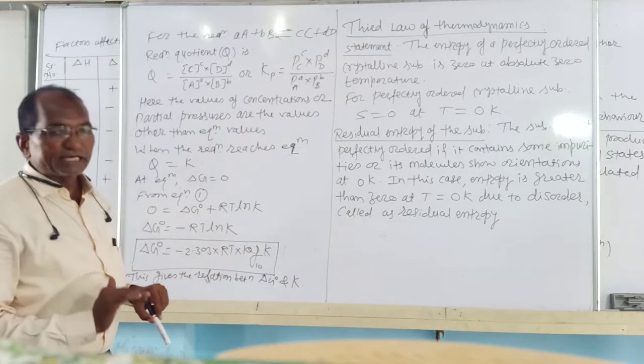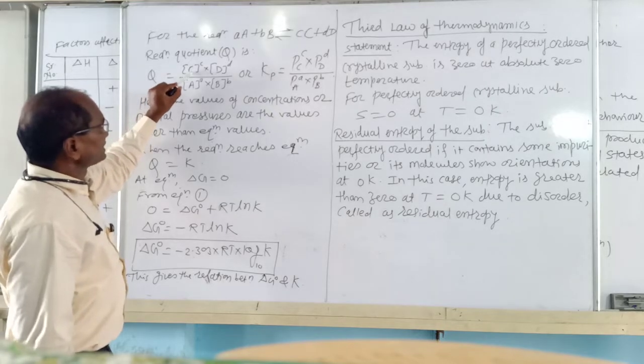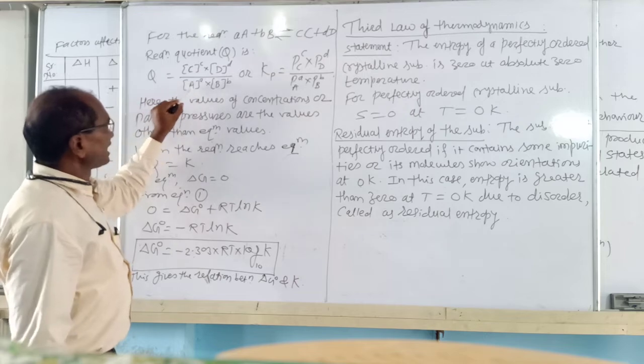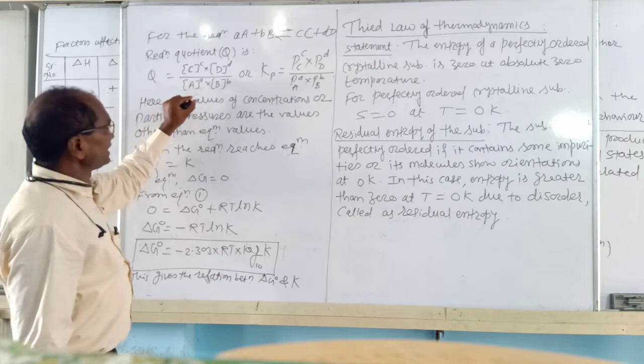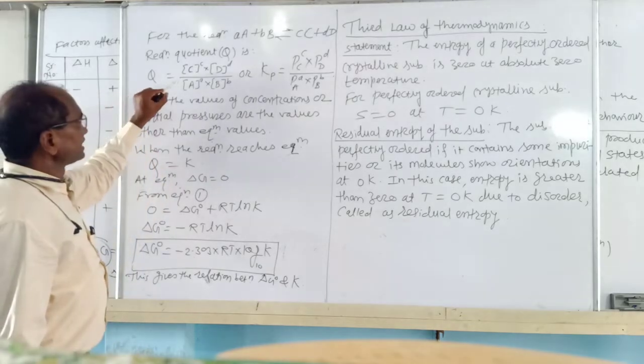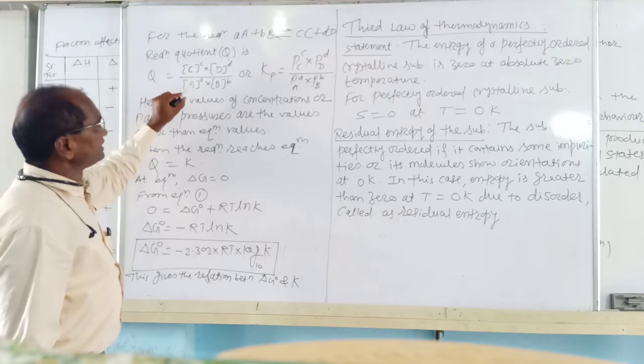Before attaining the equilibrium, the reaction quotient Q is equal to concentration of C raised to c into concentration of D raised to d, divided by concentration of A raised to a into concentration of B raised to b. This Q is in terms of reactants and products in a liquid state.